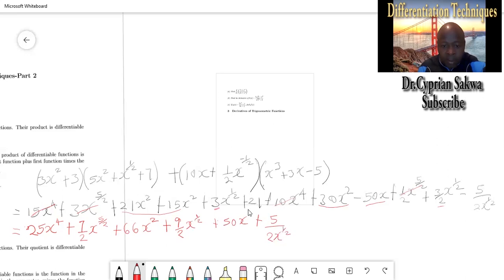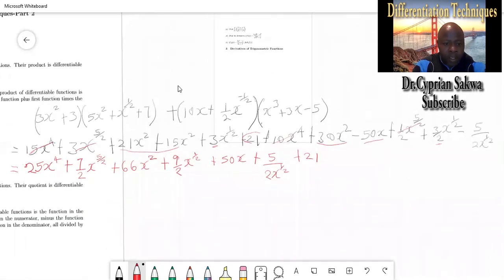And then there was a 21, plus 21. Now, if you want, you can leave the answer at this point, or you may want to put your results under the same denominator. So let's try to put them under the same denominator. But as I said, you can stop at this and you have the correct answer.